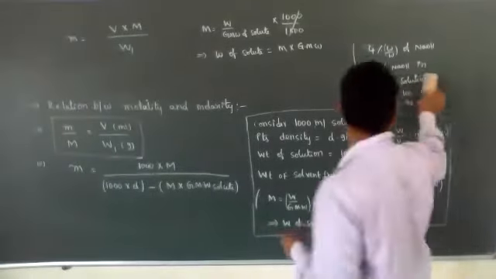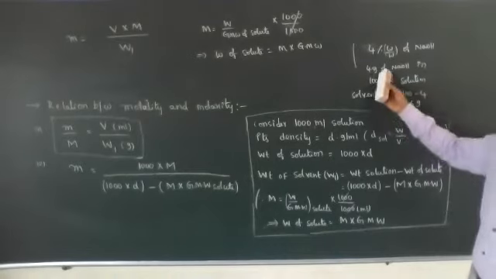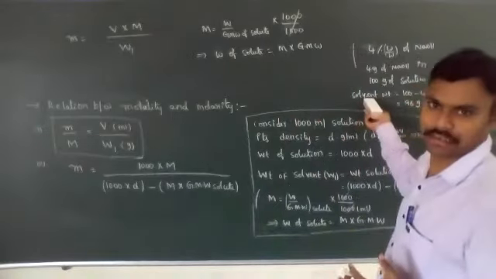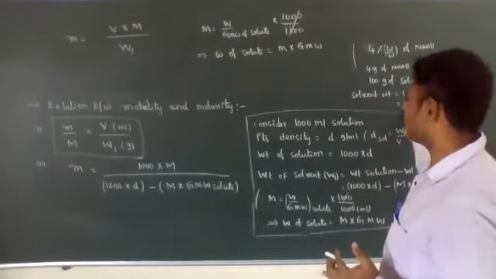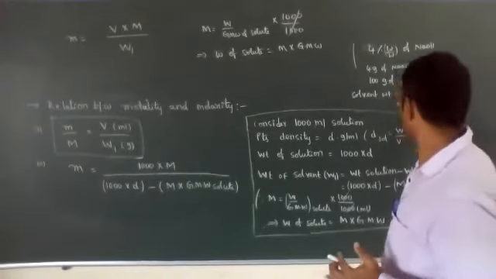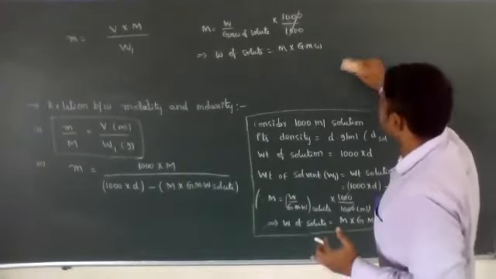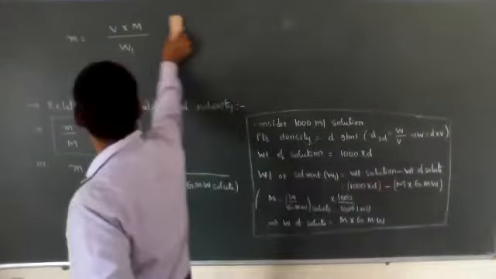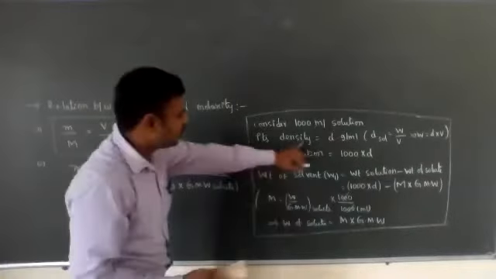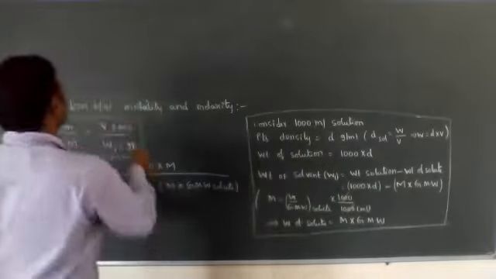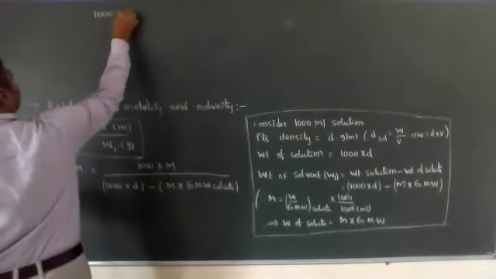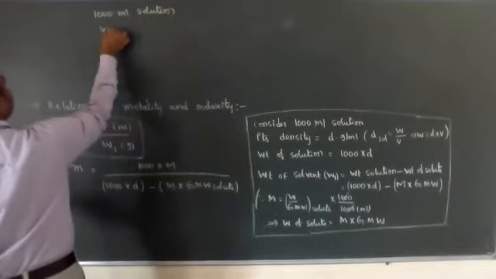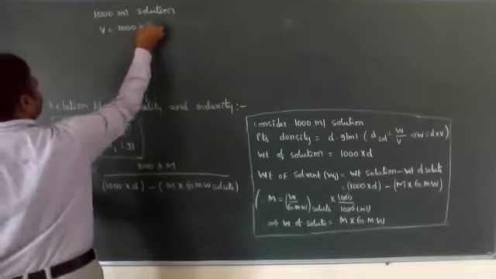Here I gave one small example: 4 grams of NaOH present in 100 grams of solution, then how to calculate weight of solvent? It is 100 minus 4, 96 grams. So that's why here I considered 1000 ml of solution, so V is equal to 1000 ml.